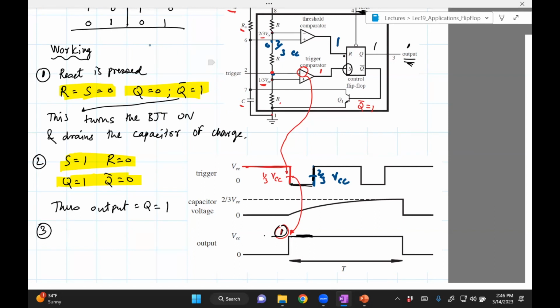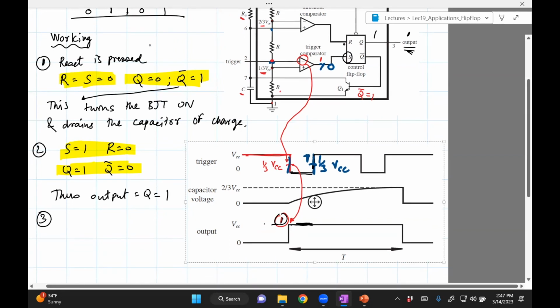Sorry, my bad, just ignore that. That's not true. So you don't have to look at 2/3, but 1/3 VCC. When it reaches 1/3 VCC, this one is going to now flip, because it was 1 when this voltage went below 1/3 VCC. When it reaches above 1/3 VCC right over here, this one is going to flip from 1 to 0.